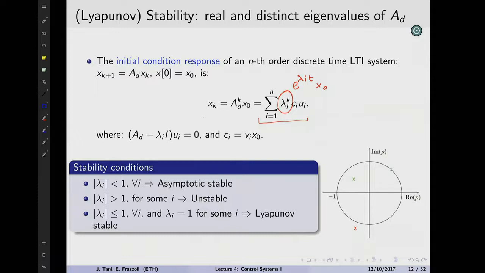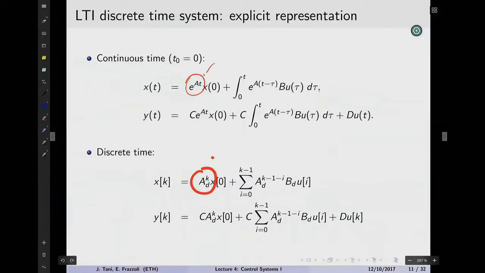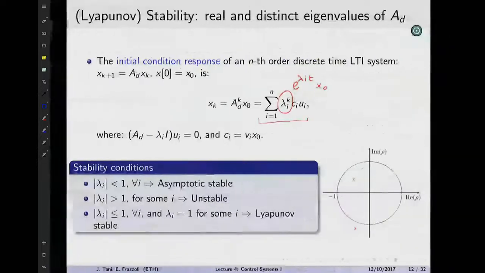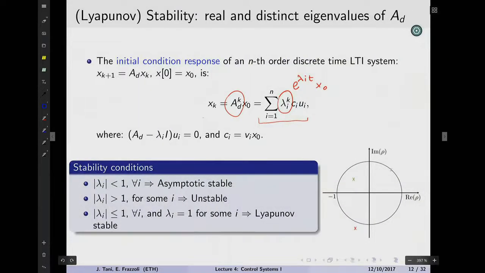The conclusions we took from continuous time came from the fact that the explicit time response in continuous time had this matrix exponential term, e^(At), from where we said, well, look at the lambdas, they have to have a negative real part so that the exponential is convergent and whatnot.